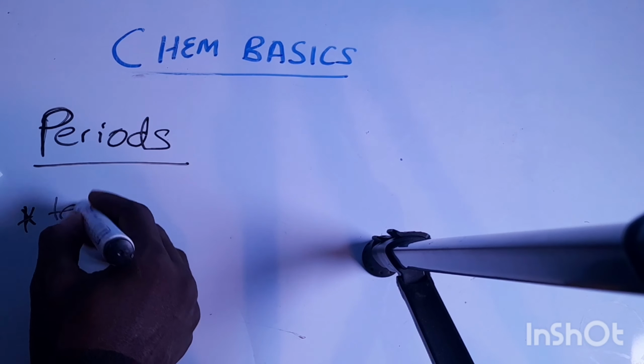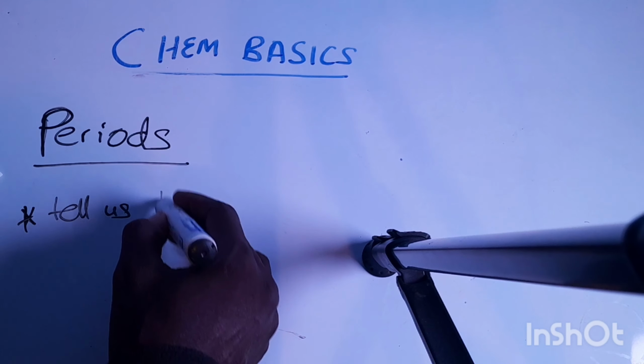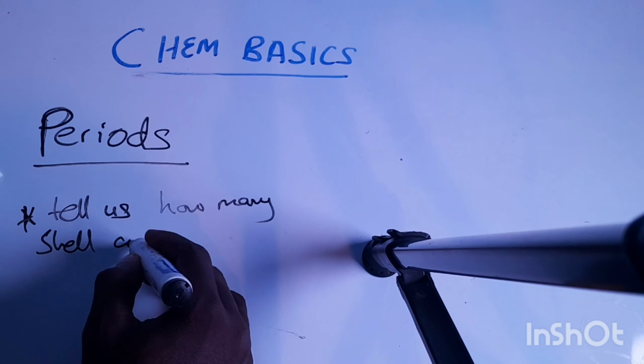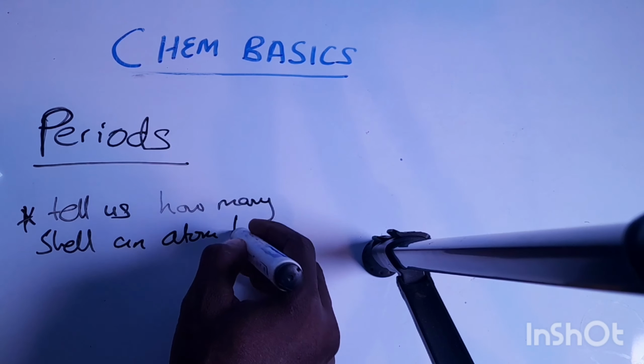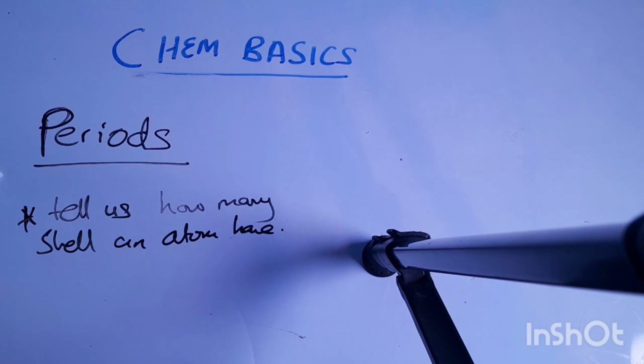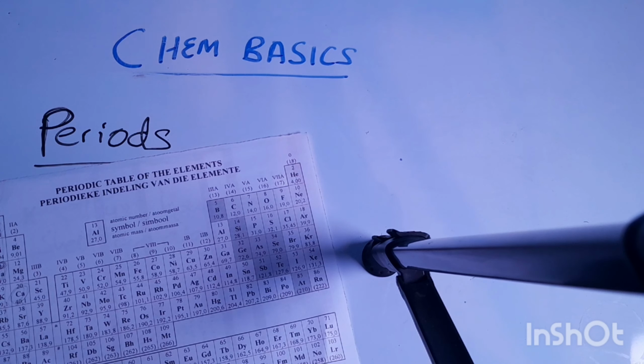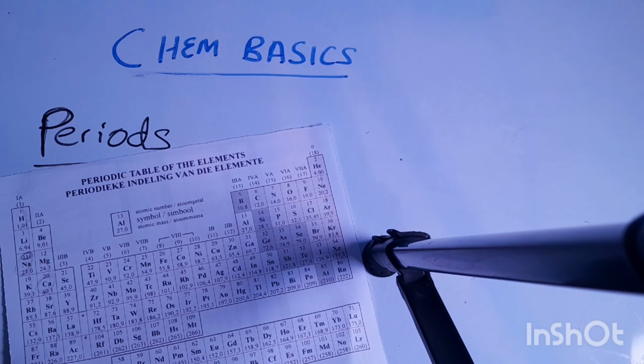They tell us how many shells an atom has. So hydrogen has only one energy level, lithium has two energy levels, and sodium has three energy levels. I'll also explain what energy levels are and how they come about.